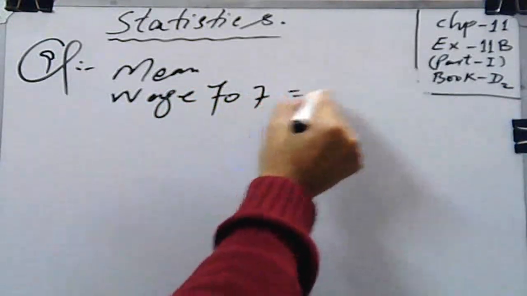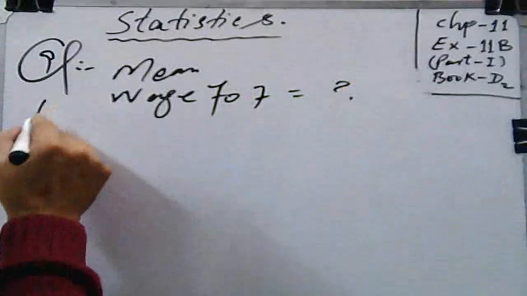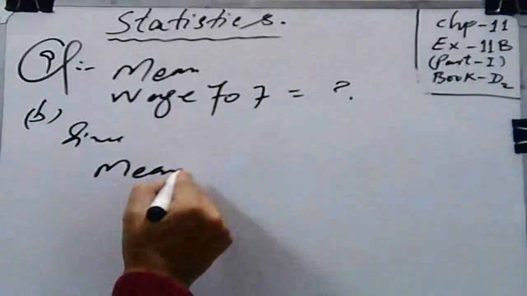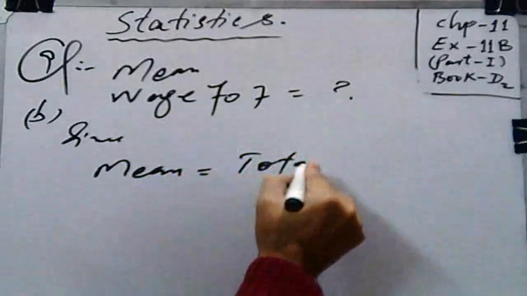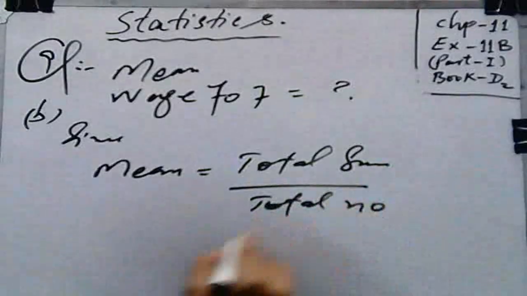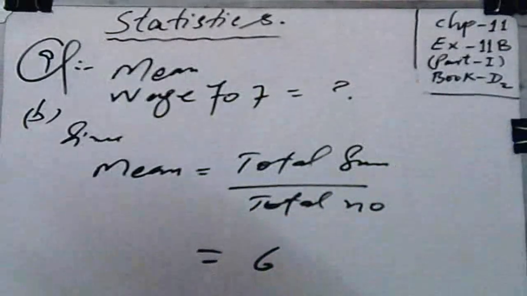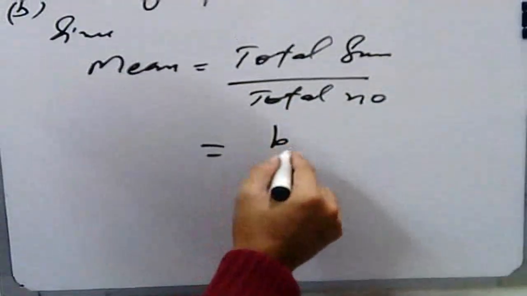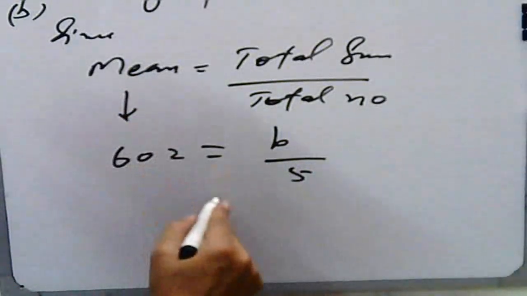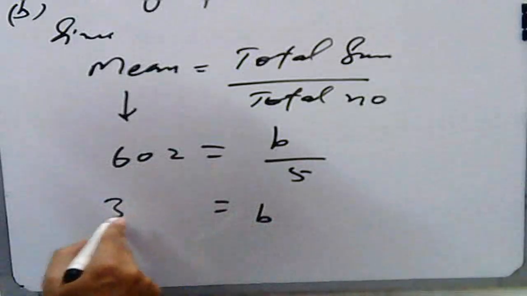So in B part, since mean is total sum divided by total number, you can see here the value of B by 5, and what is the mean here? Here 602. By using cross multiplication the value of B is 3010.